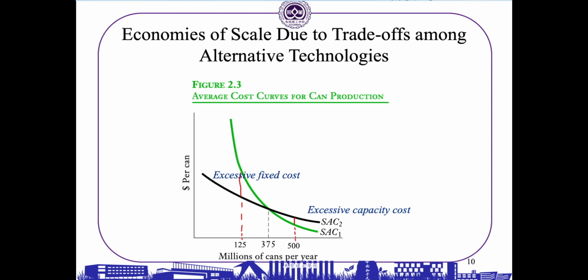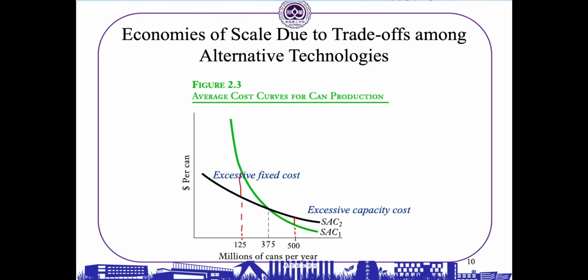If the production volume is at 125 million cans per year, SAC1 exhibits an excessive fixed cost compared to SAC2. If the production volume is at 500 million cans per year, SAC2 exhibits an excessive capacity cost. This induces the concepts of long-run economies of scale and short-run economies of scale.